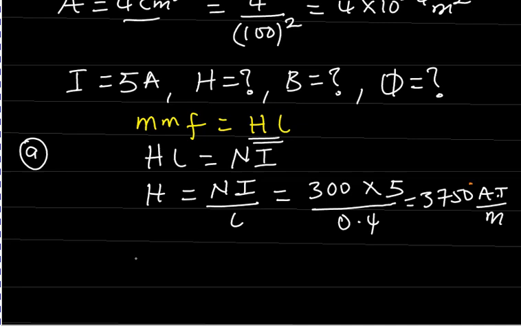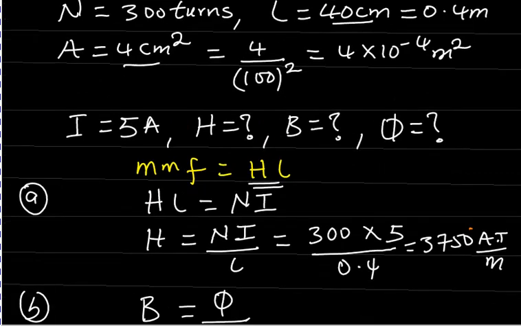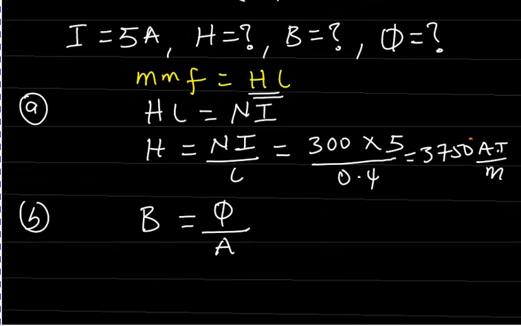Then the B part of the question, we are looking for magnetic flux density, which of course is magnetic flux all over area. Now we can't use this formula because magnetic flux is not given. Rather, the formula we are going to use is the one that relates magnetic flux density with magnetizing force. Please take note of this formula.